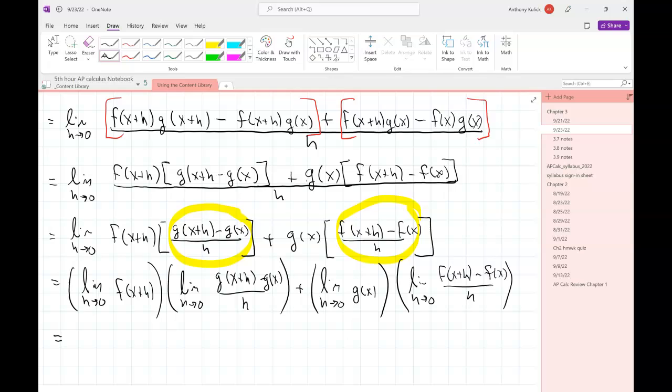Okay, so what is the limit as h approaches 0 of f of x plus h? f of x, just doing a direct substitution. The limit as h approaches 0 of g of x plus h minus g of x all over h is the definition of the derivative of g.